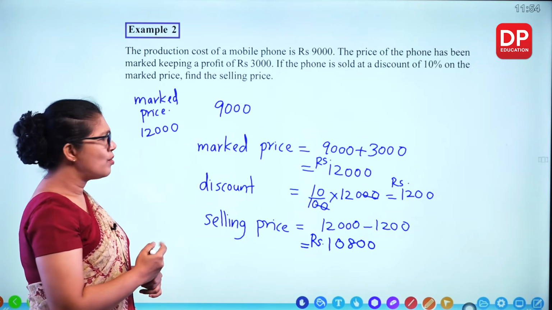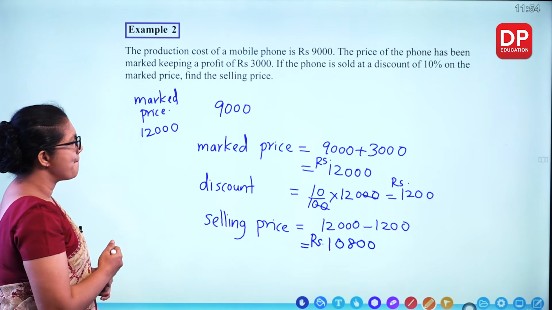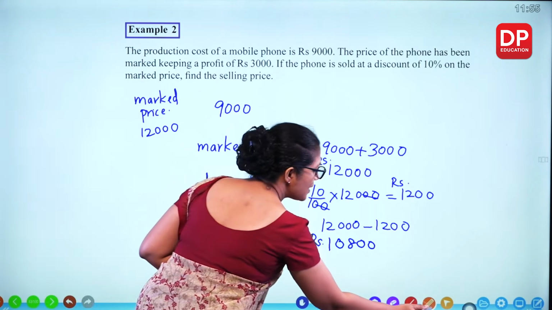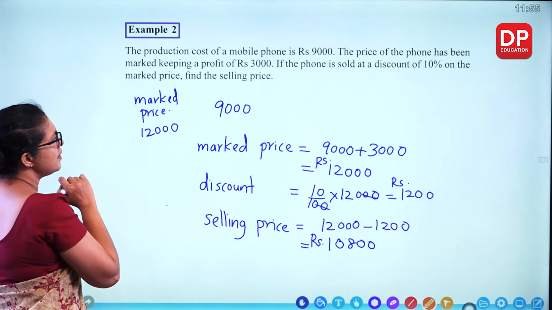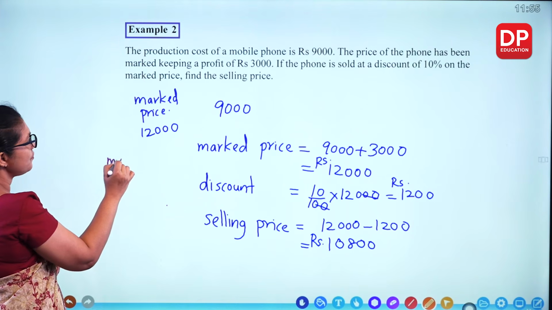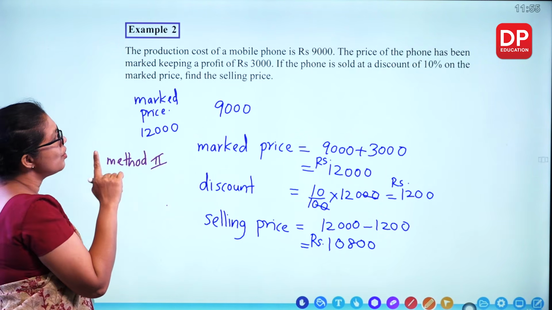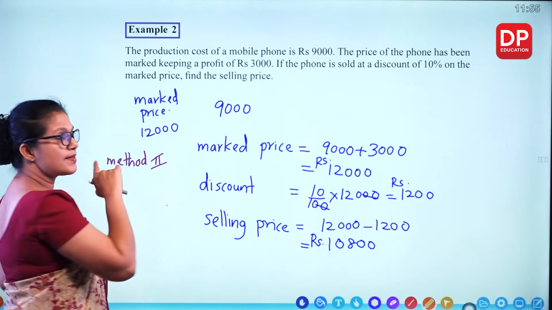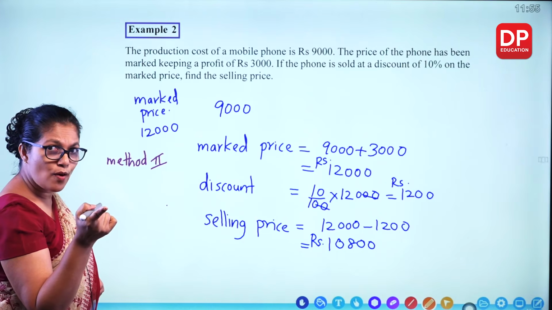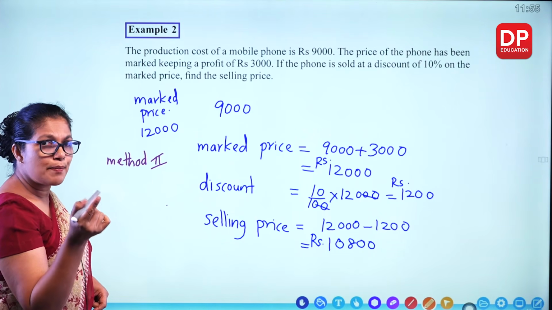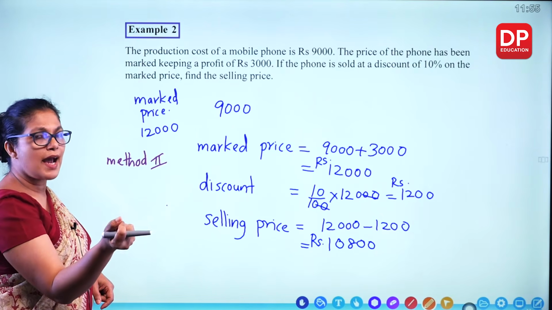So you can do in a different way. So how we do in a different way? I'll do that here. Method 2. So this is method 1. Method 2. You can straight away find out the value. Method 2, you know the marked price is 12,000. If you want to get 10% discount, that means the price is reducing. If it's 100, that should be 90.